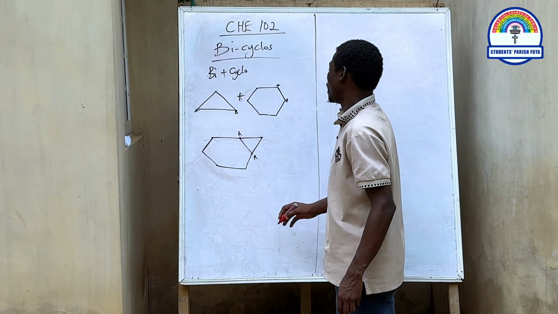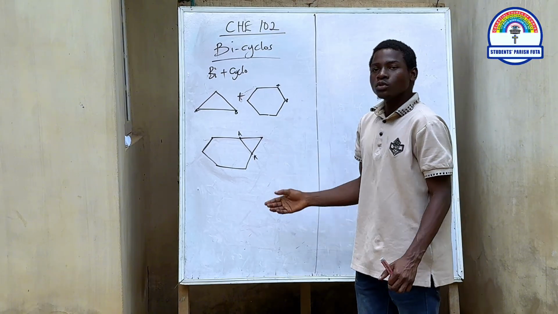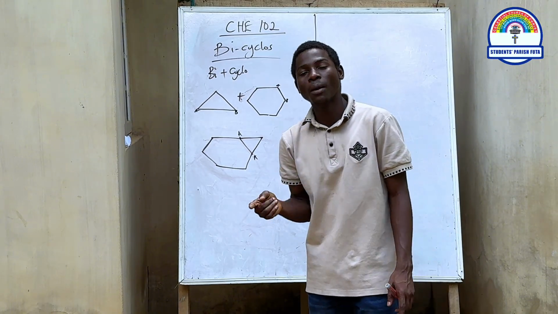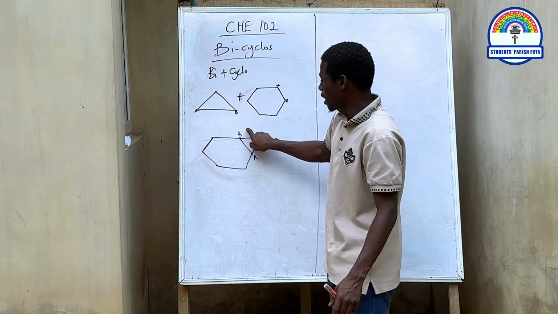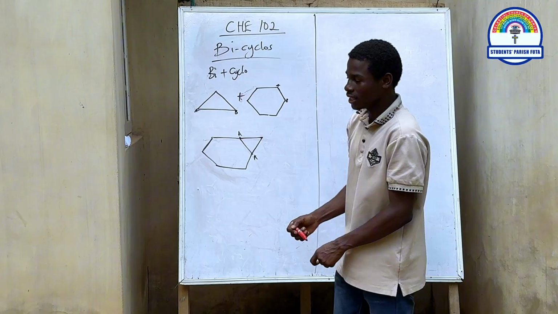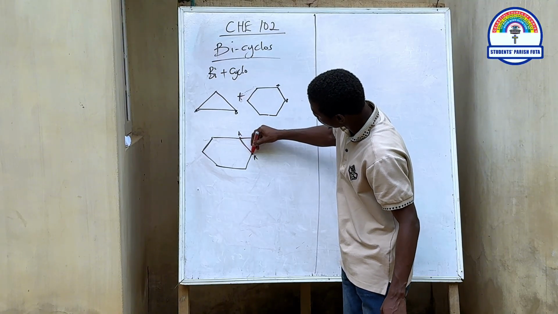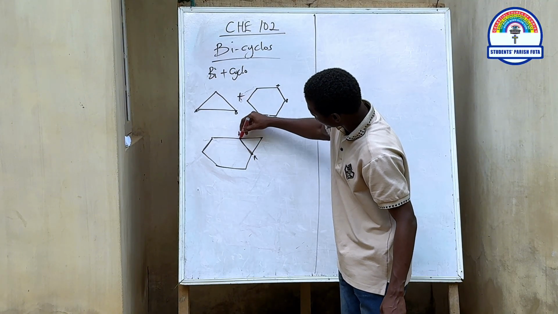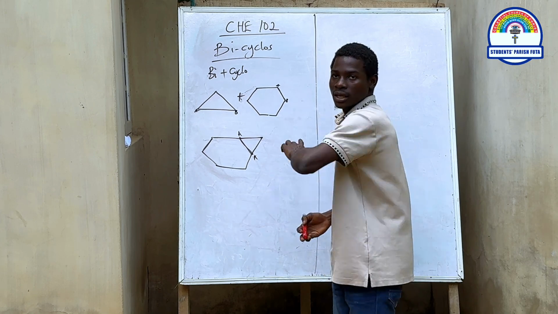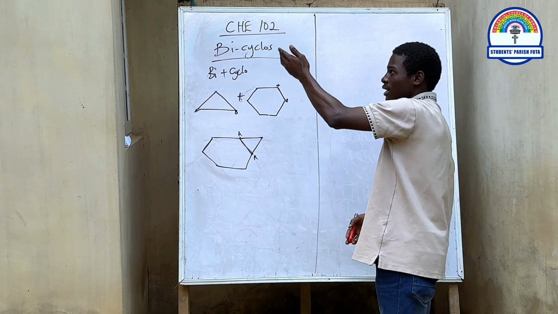Now, you want to get the number of pathways you have. There are 3 paths by which you can move from A to the second A. Look at the first path. You can move this way. Bam, you have arrived at A. Another path is this straight line here. Another path is you can come here. So there are 3 different pathways: the left one, the middle one, and the right one.